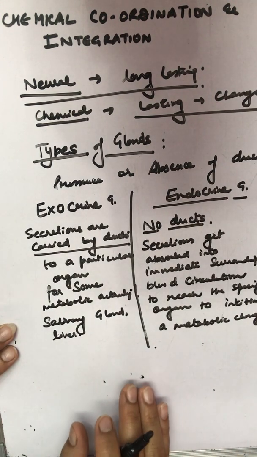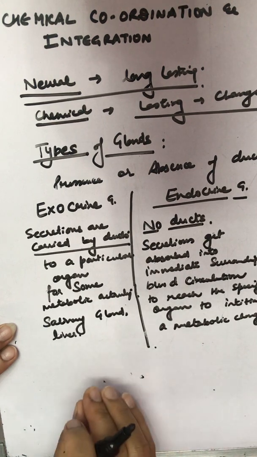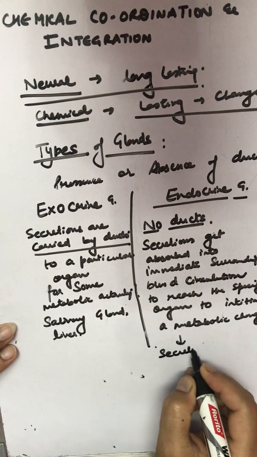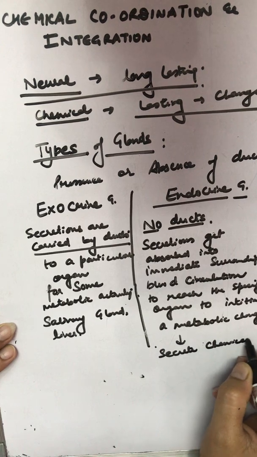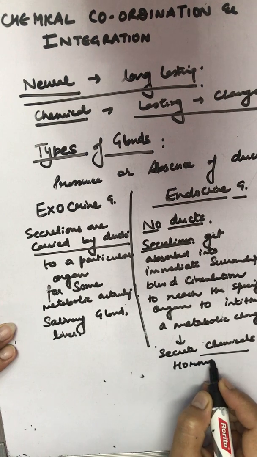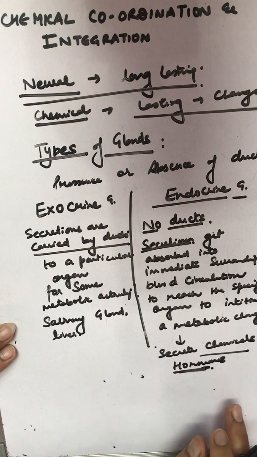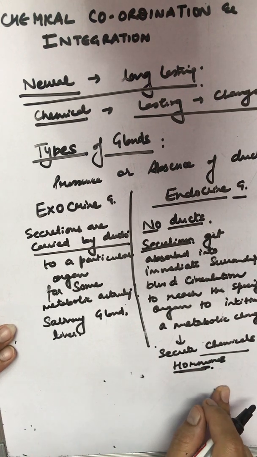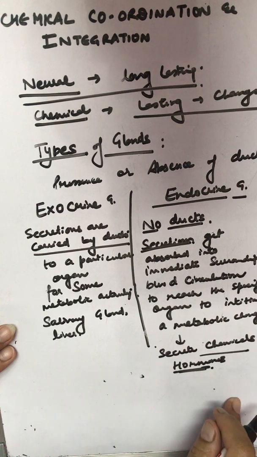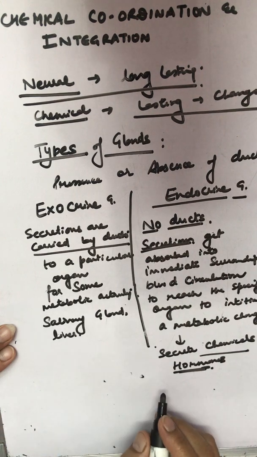And when we talk about these actions, we see the endocrine glands secrete certain chemicals known as hormones. In fact, hormones are non-nutrient chemicals. They are not a source of nutrition at all. They are non-nutrient chemicals which act as intracellular messengers and are always produced in trace amount.